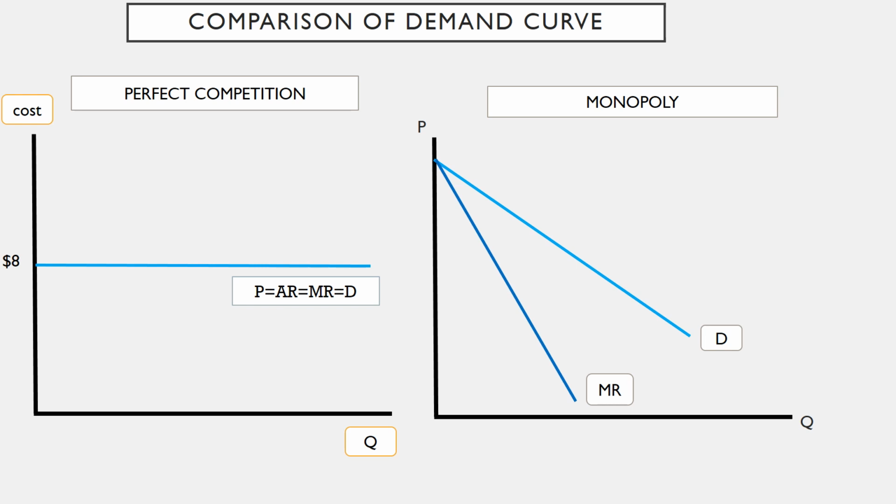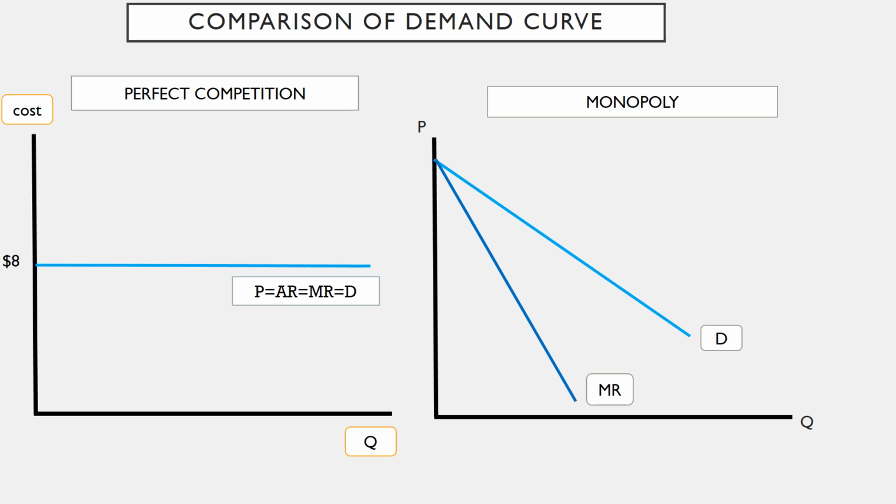But for monopoly, the curves are not the same. Remember, a monopolist offers a very high price. They are not price takers, they are price makers. Apart from that, their commodity is not homogeneous. Their good is unique and there are no close or perfect substitutes. So that's why the demand curve is the usual downward sloping curve, which also exhibits the law of demand, that in order to sell more units, a monopolist should decrease the price.